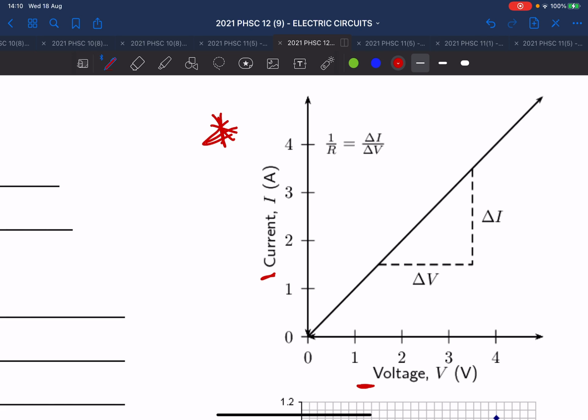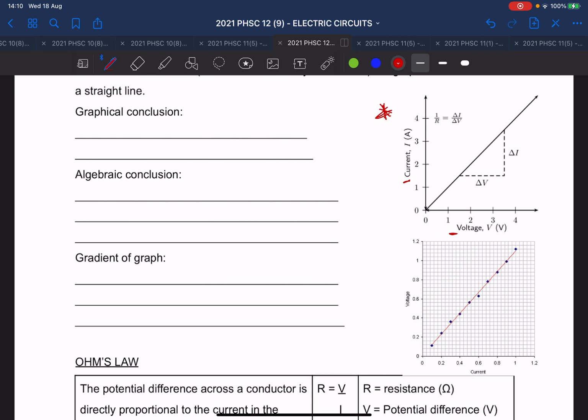When we compare current with voltage, both of them are straight line graphs, as you can see, but there's a big difference in the gradient of the two graphs.